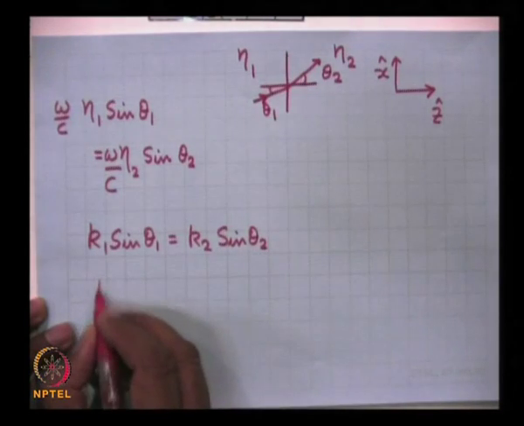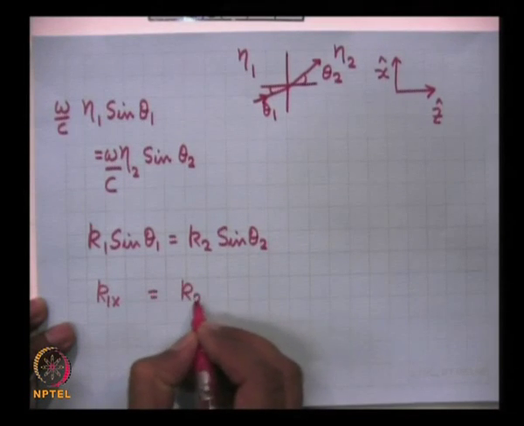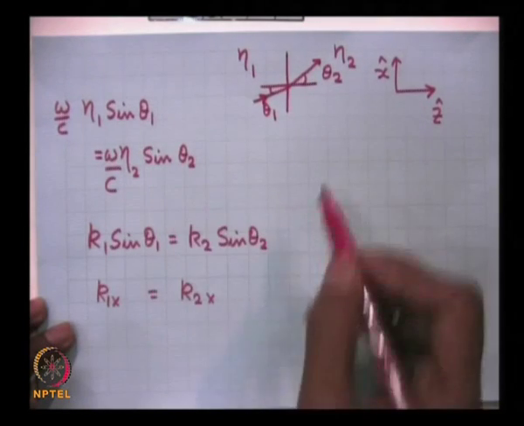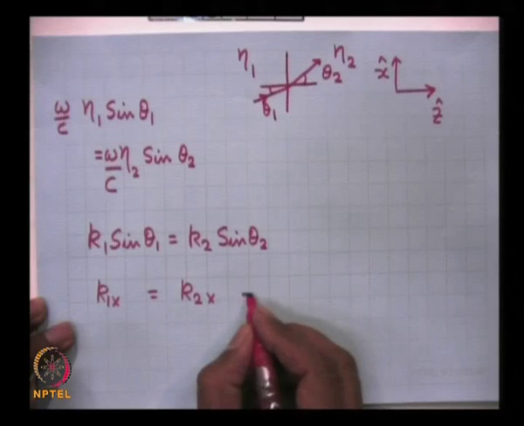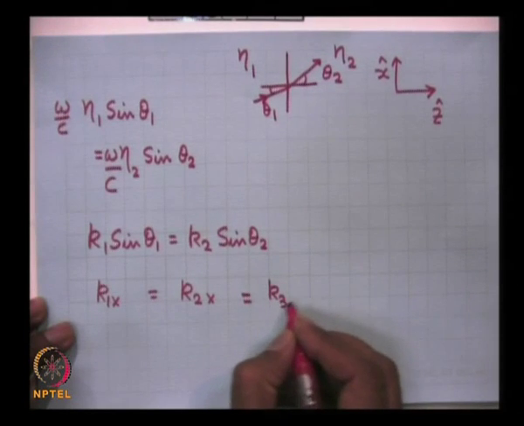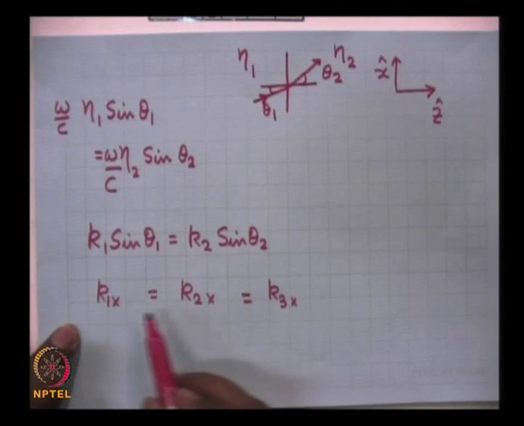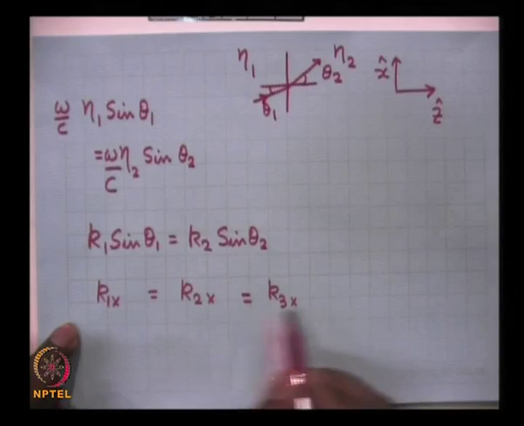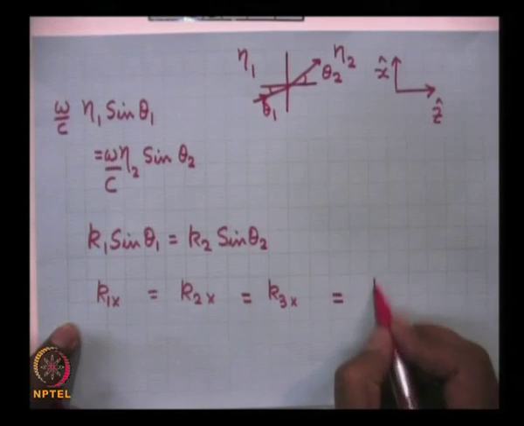So, I can call this k1x equal to k2x. Similarly, if we apply the same Snell's law at the boundary between the second layer and third layer, this will be equal to k3x and so on. As an electromagnetic wave moves from one medium to another, k1x, k2x, k3x remain the same. So, I can simply call them kx.